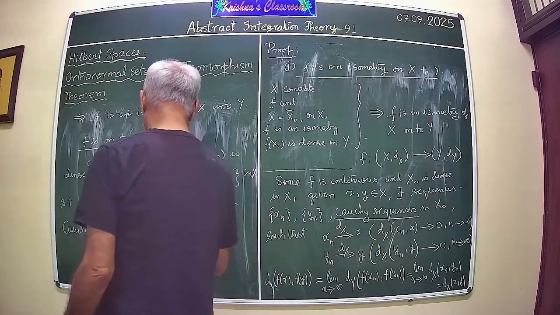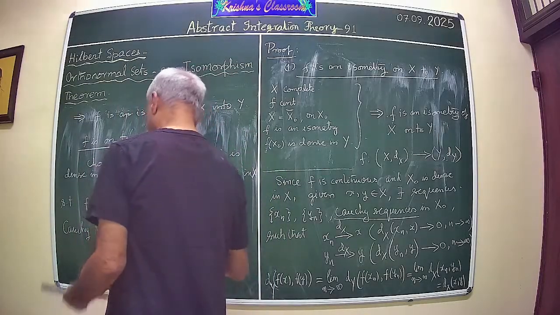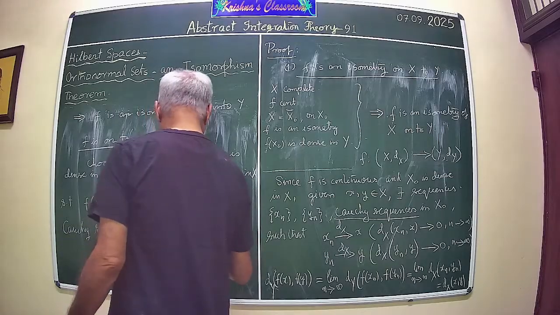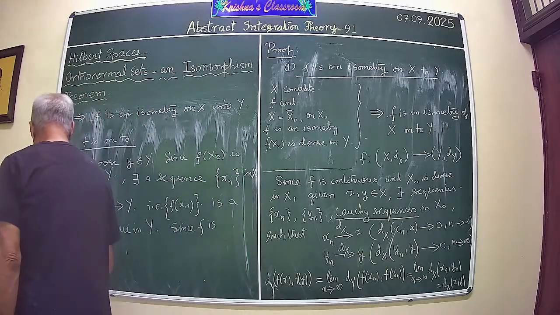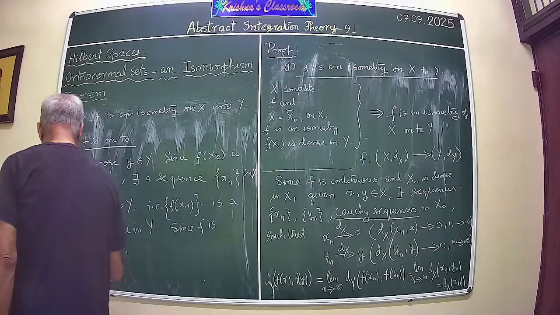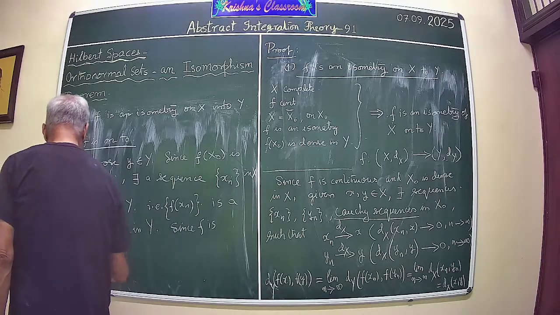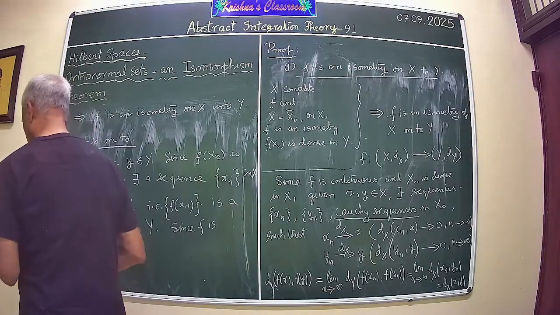Now since f is an isometry, x_n in X naught is Cauchy.